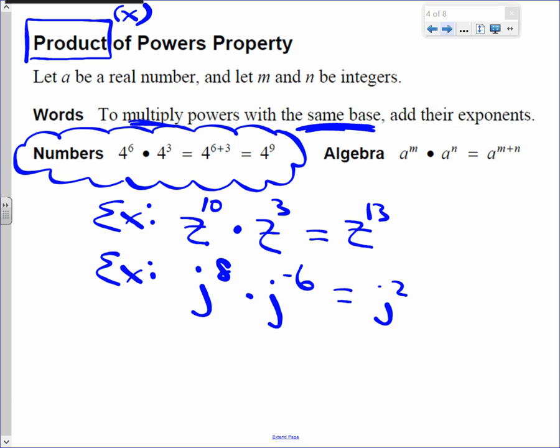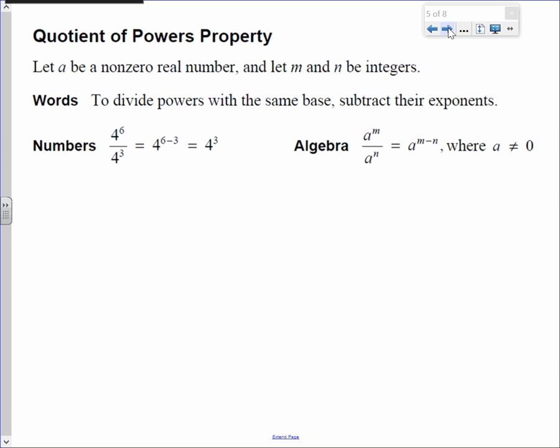Now compare that. Look at the title of the next rule. Quotient. That's division. So what if we're dividing two terms with the same base? Now what do we do? Let's put a little cloud on the examples here.